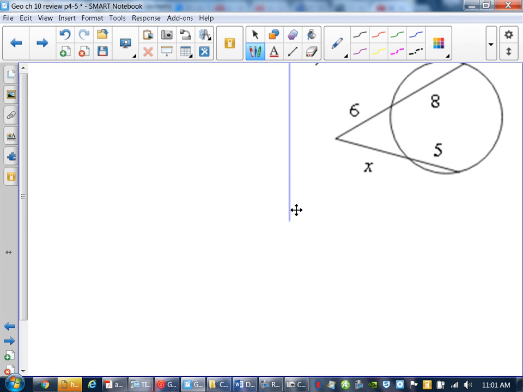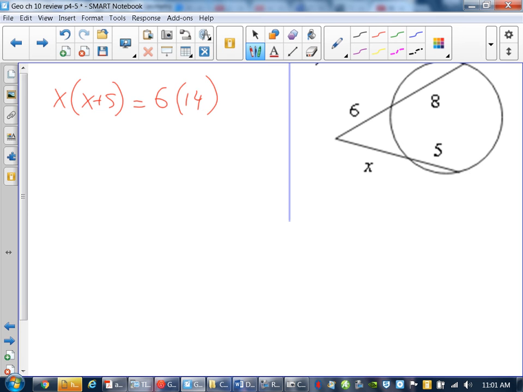Good question. So in this one here, we're going to wind up with a factoring part because we have an outside whole and an outside whole. So we take the outside of x, the whole thing is x plus 5, equals the outside of 6, and the whole thing is 6 plus 8, which is 14.